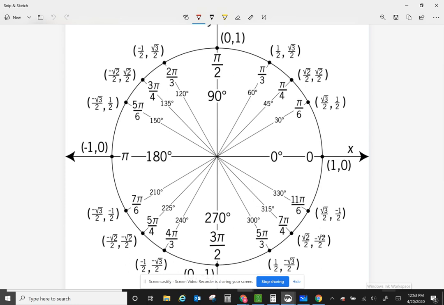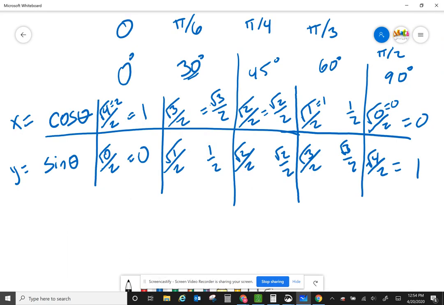Now, there is a formula we're going to learn today. I'm going to be using two things: the two formulas I'm going to give you, and my unit circle, my measurements from here. So let's take a look at this.